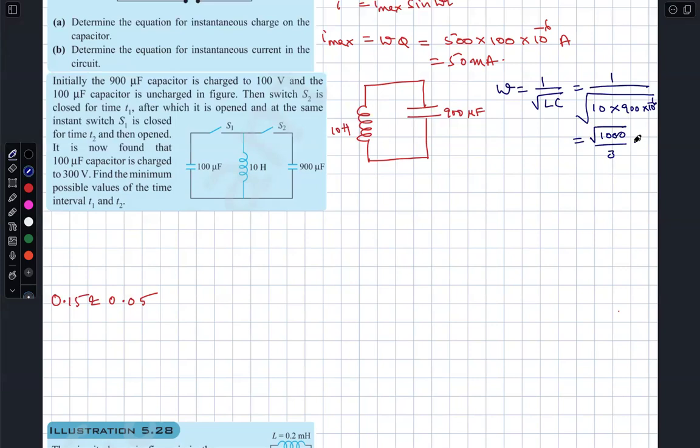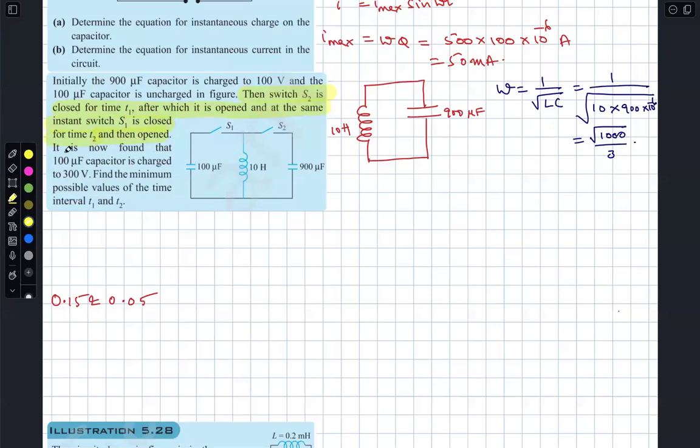Now we enter into the question. Switch S2 is closed for time t1, after which it is opened, and at the same instant S1 is closed for time t2 and then opened. It is now found that the 100 microfarad capacitor is charged to 300 volts.